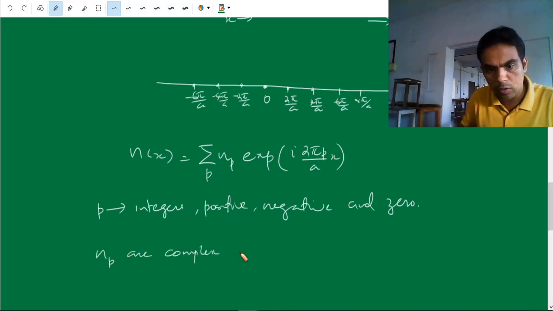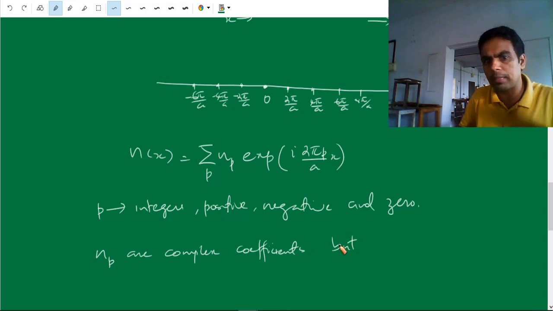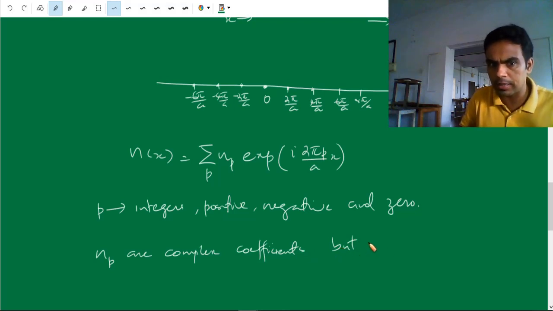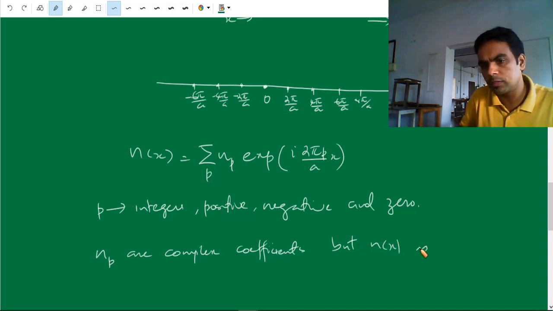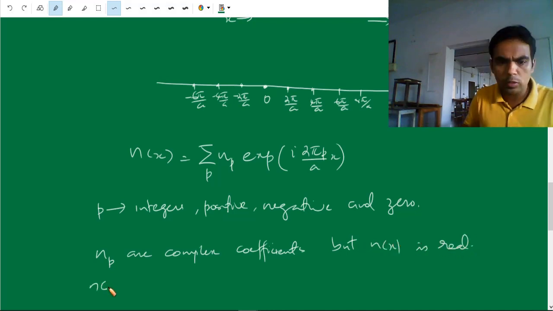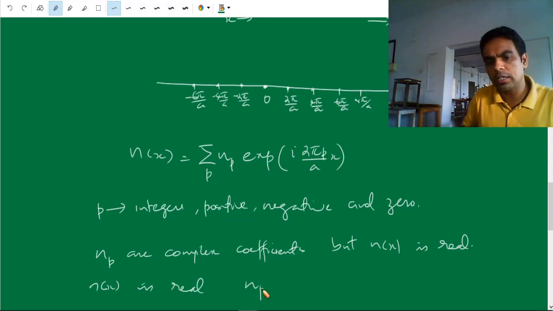The n_p are complex coefficients, but n of x is the number density at position x, so that is real. n of x is real. To make sure n of x is real, there is a condition: the complex conjugate of n minus p should be equal to n_p.